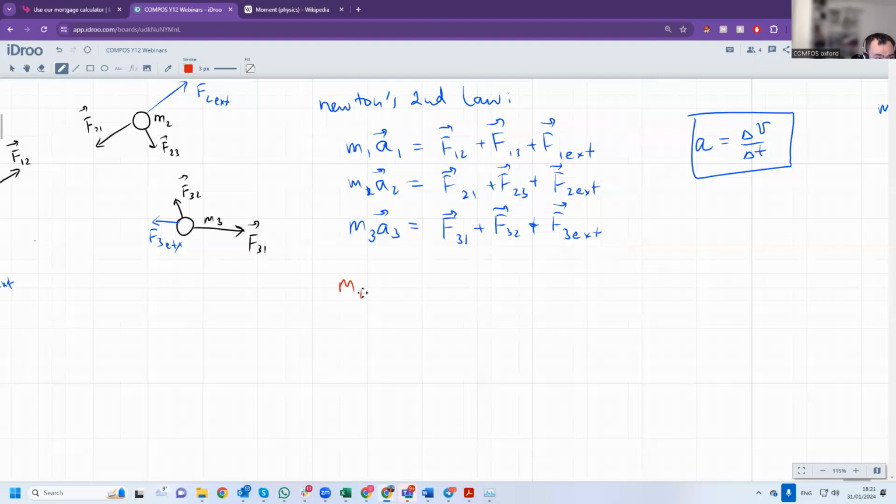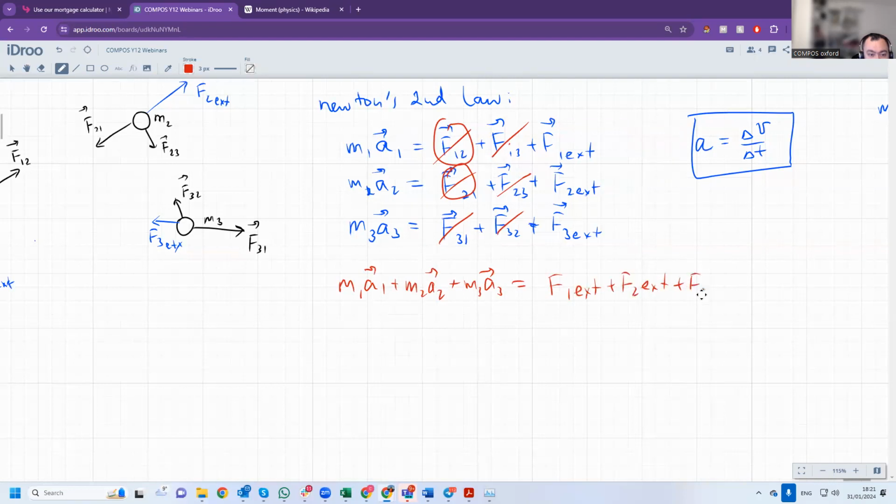And here I got m1a1 plus m2a2 plus m3a3 equals. Now you will notice that these cancel out when we add them. This one cancels out with this one, and F13 cancels out with this one. So we have F1 external plus F2 external plus F3 external.